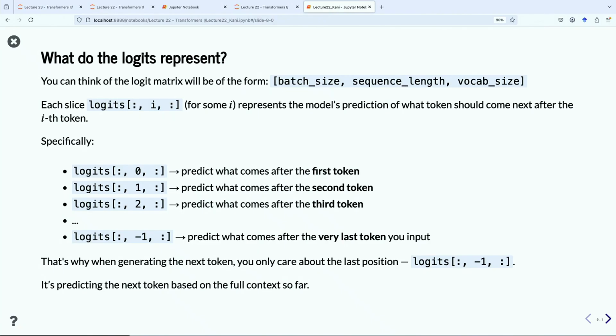So this particular vector will be just one one-dimensional vector. It gives us a series of values, and each of those values corresponds to whether this particular vocab element comes after "the quick brown fox", after the word fox.